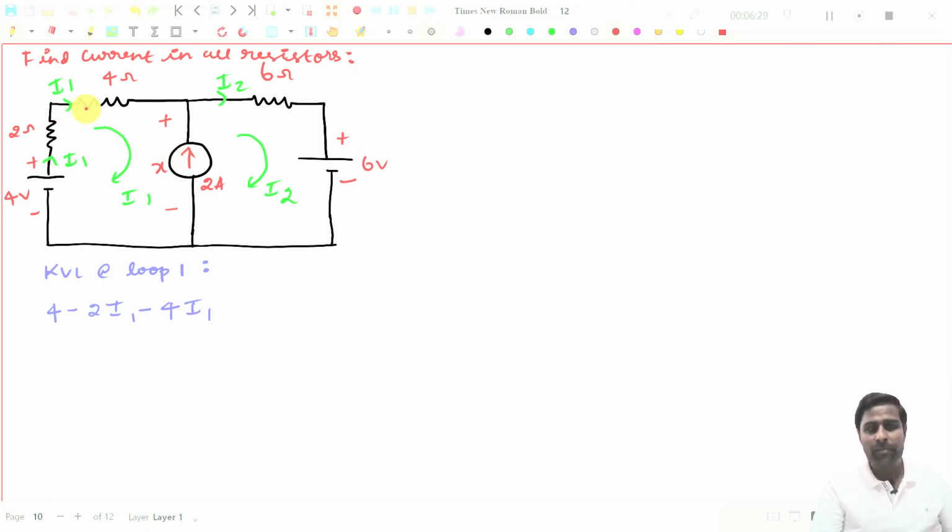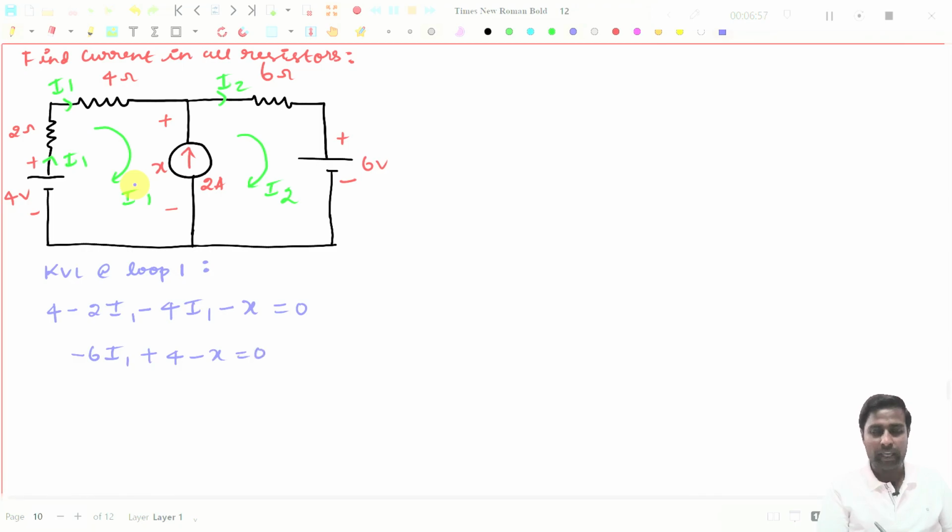Now this current is flowing from plus to minus, and the voltage value is x, so you can obviously put this as minus x, which is equal to 0. Now you simplify this. What you will get? This will be minus 2 minus 6I1 plus 4 minus x is equal to 0.